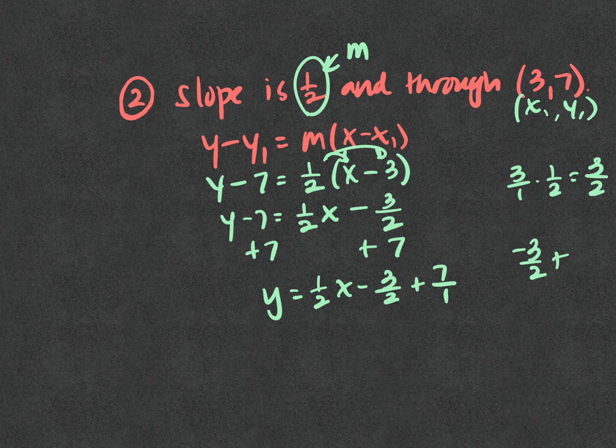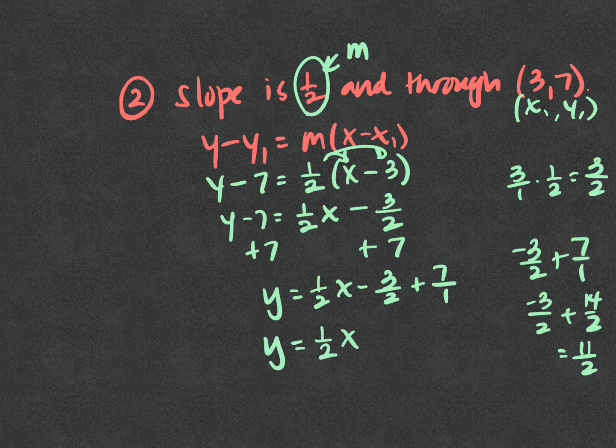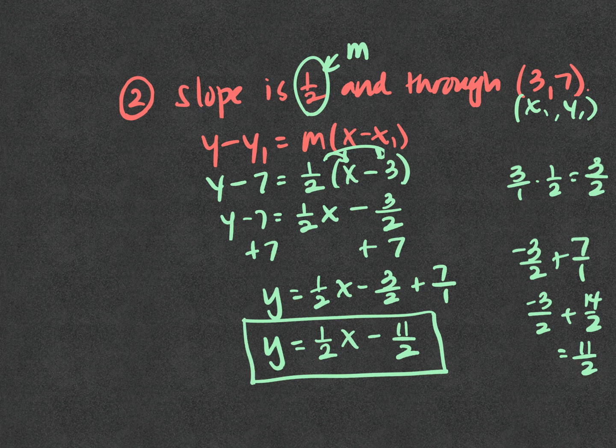We have negative 3/2 plus 7 over 1. Common denominator of 2. Keep the negative 3. This becomes 14. So this equals 11 over 2. So y equals 1/2 x plus 11 over 2, which is 5.5. So that makes sense, right? So that's given a point and a slope.